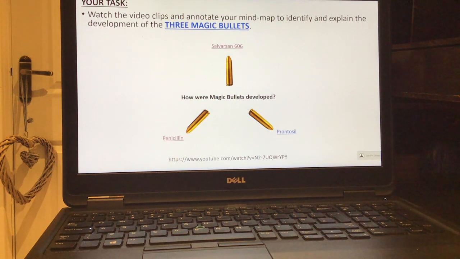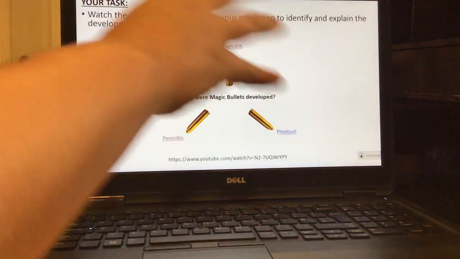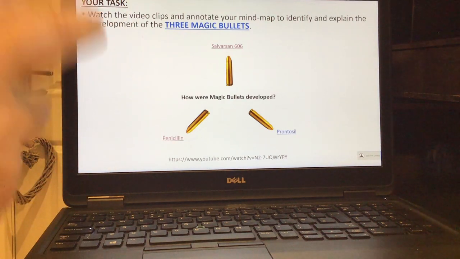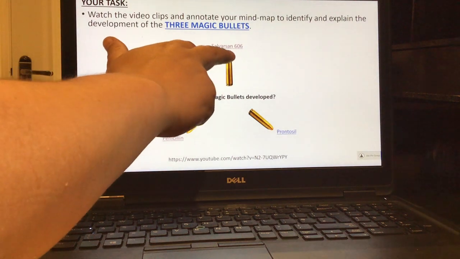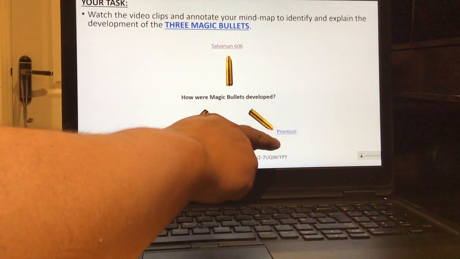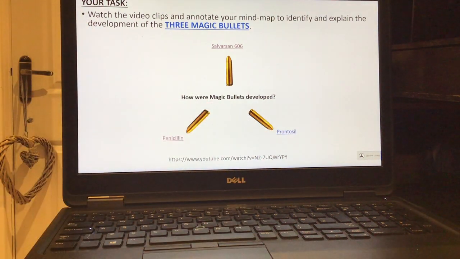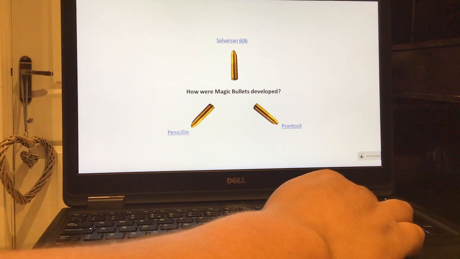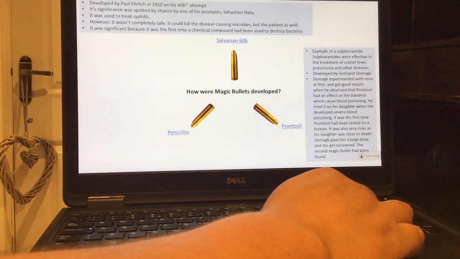In actual fact, we're going to come back to the video. I've got a video link there, but I think we might finish with a video. So we've got an idea that magic bullets are simply chemical drugs that are curing specific diseases. This one is coded Salvarsan 606, cures syphilis. Prontosil here, worked on by Gerhard Domagk, cures another specific disease, which you're going to have a look at in a second. And then penicillin, which is the antibiotic.